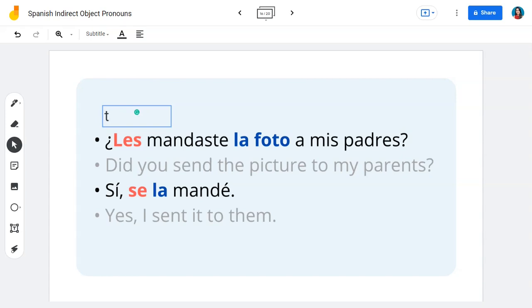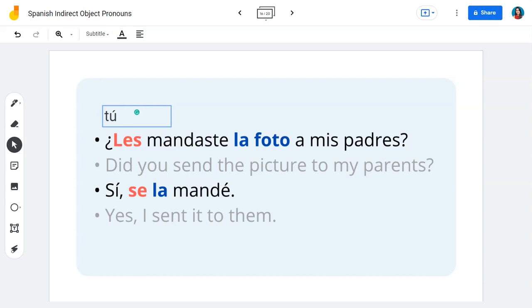So the literal translation of this question is you, them, sent the photo to my parents. I know it sounds so weird, but that's the way we speak in Spanish. That's why I always recommend my students to just memorize fixed phrases, and then it will make more sense in time.